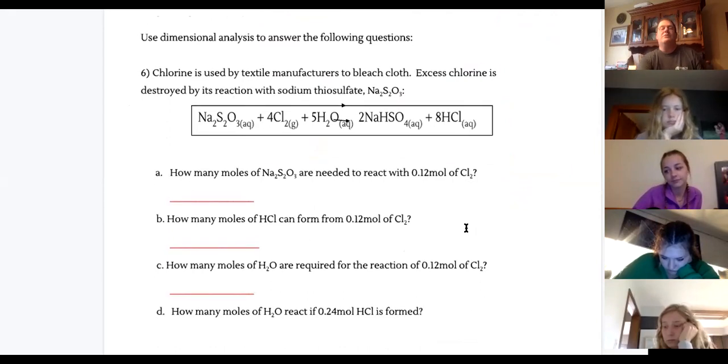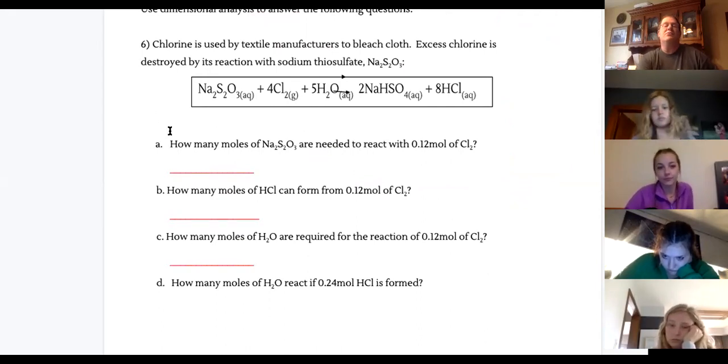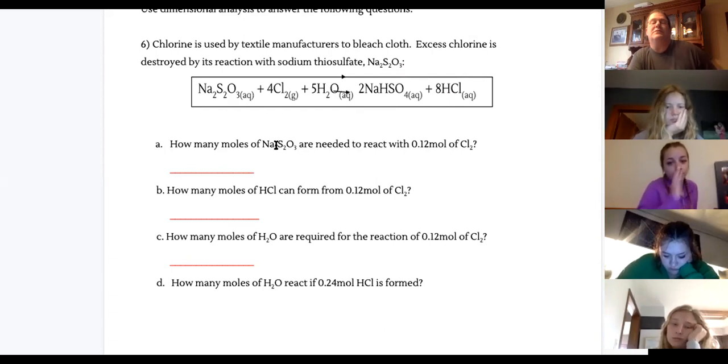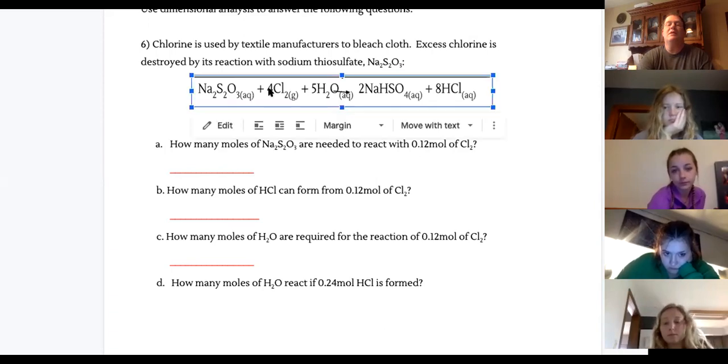Okay, on number 6, chlorine is used by textile manufacturers to bleach cloth. Excess chlorine is destroyed by its reaction with sodium thiosulfate. So how many moles of sodium thiosulfate are needed to react with 0.12 moles of chlorine? Well, if we look at the numbers here, the ratio is 4 chlorines to 1 mole of this.